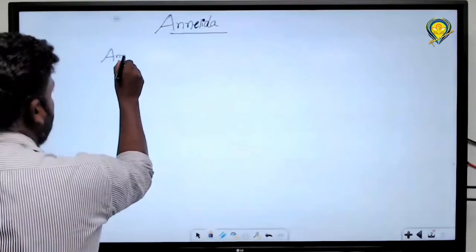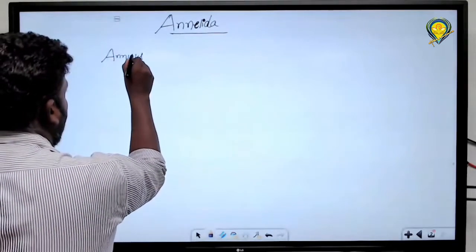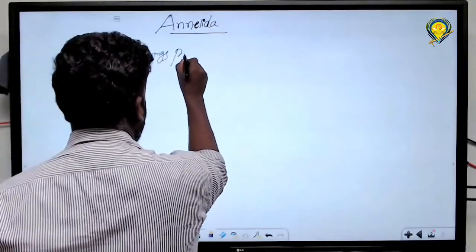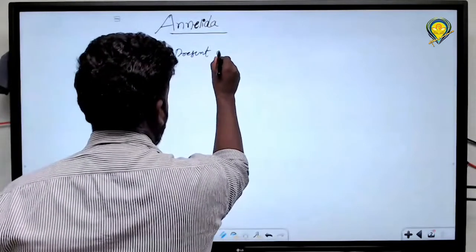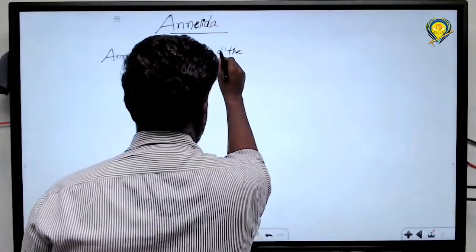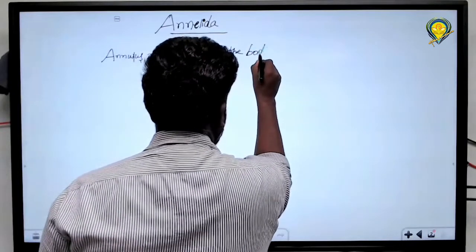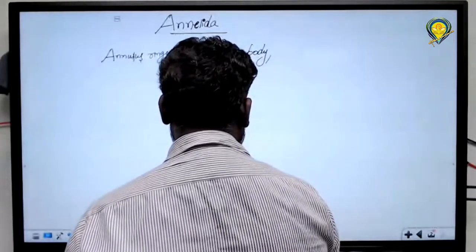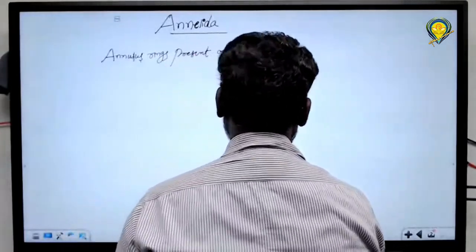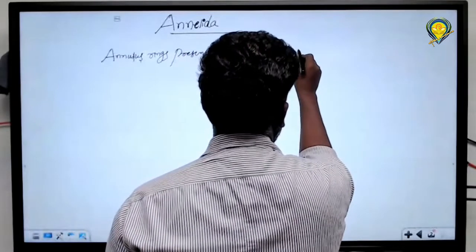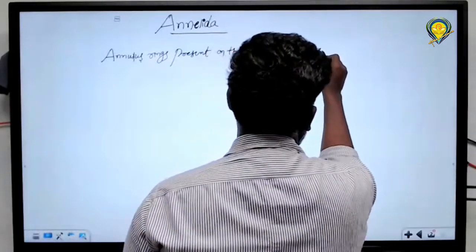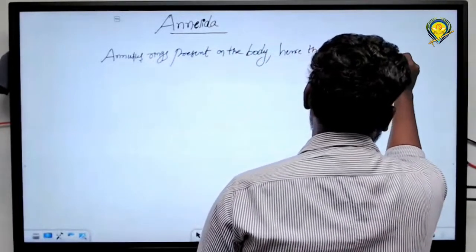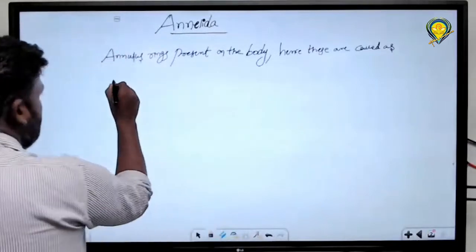Annulus rings present on the body. Hence these are called as what? Annelids, right or not?